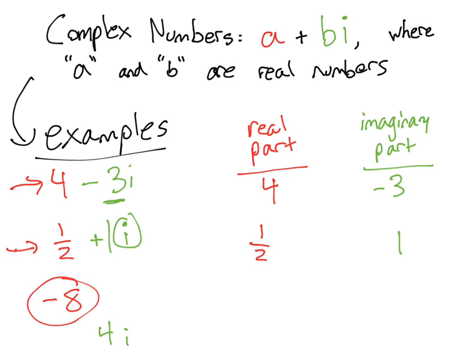So the real number -8 could also be considered as a complex number, just where the imaginary part is 0. And the imaginary number 4i could be considered as a complex number where the real component is 0 and the imaginary component is 4.